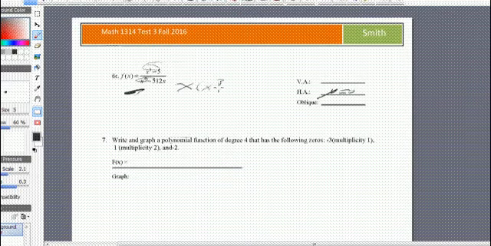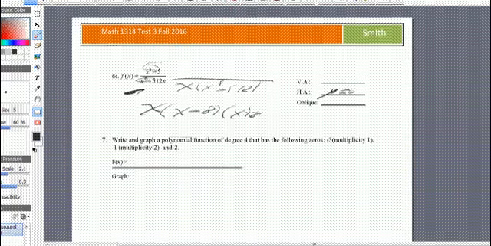X cubed minus 512. That's the bottom. You had to go back and remember the formula. X minus 8, x plus 8.